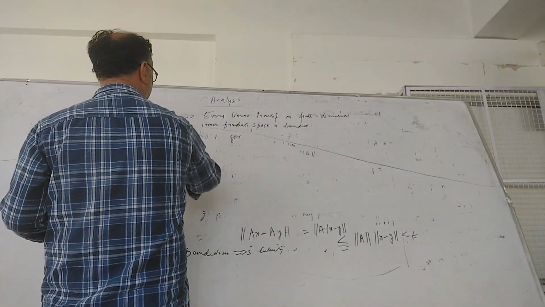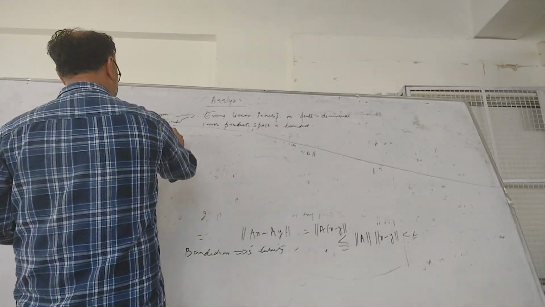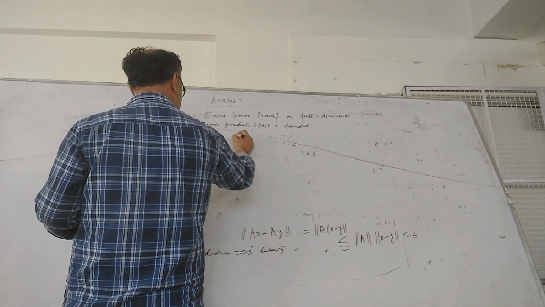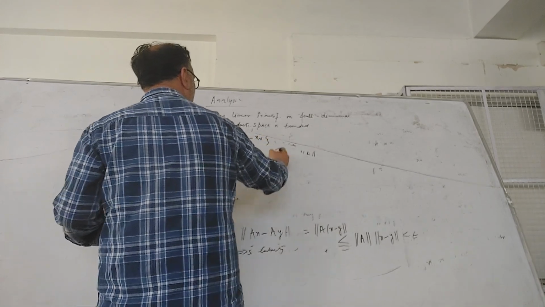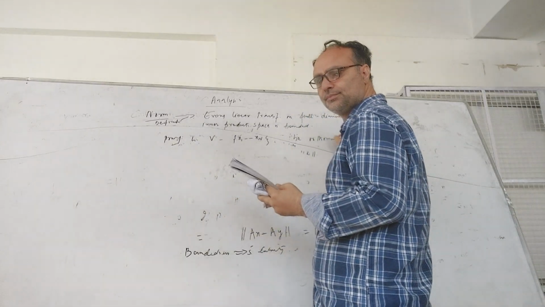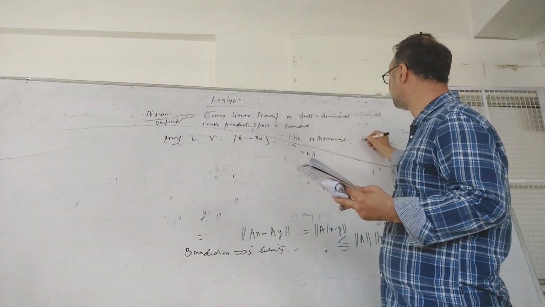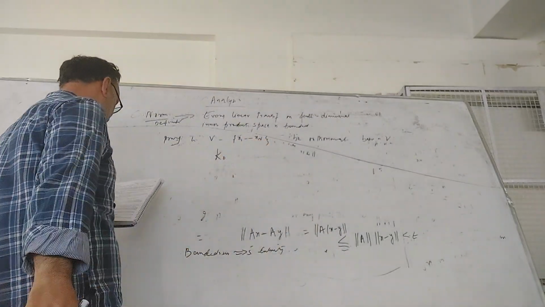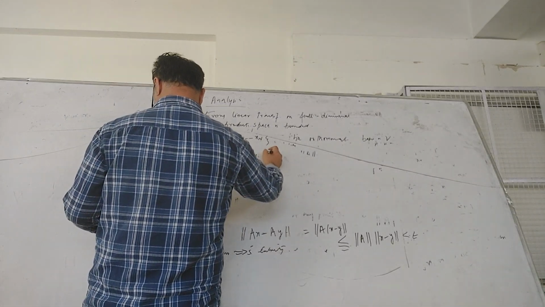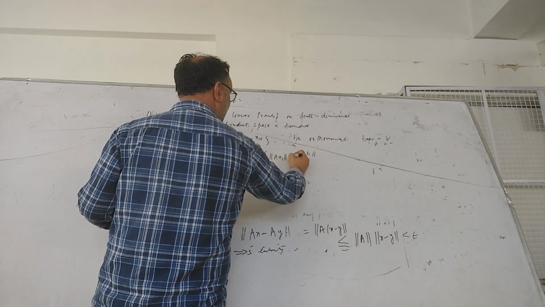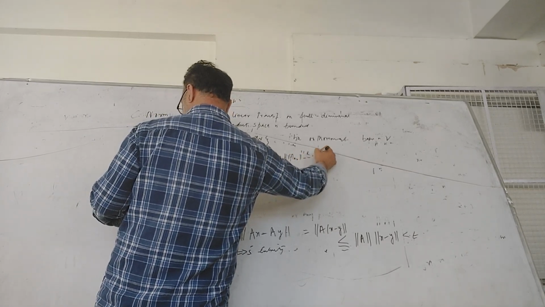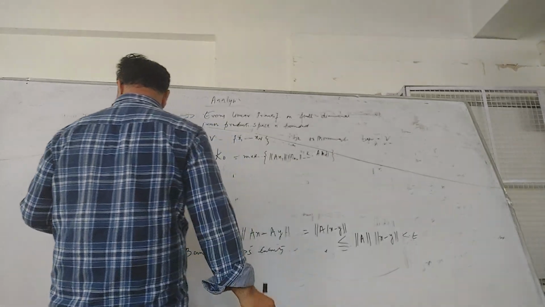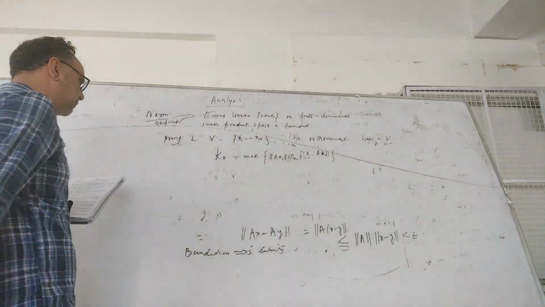The proof assumes that we have a linear transformation A, and x1, x2, and so on, xn be an orthonormal basis in V. So we can write K naught, which was previously the constant, the bound, as the maximum of the norms of Ax1, Ax2, and so on, up to Axn.